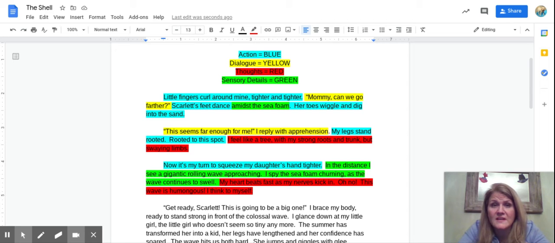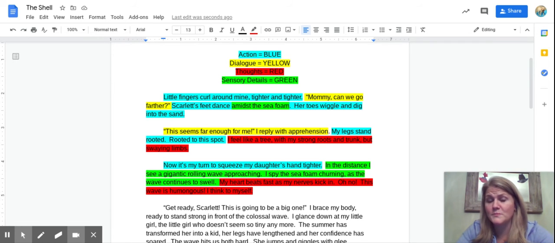Okay? So now it's your turn to try this with your own stories. So you're going to be going into your own stories and doing this color coding, right? Go through your story, go through the color coding, and ask yourself, what do I still need more of?